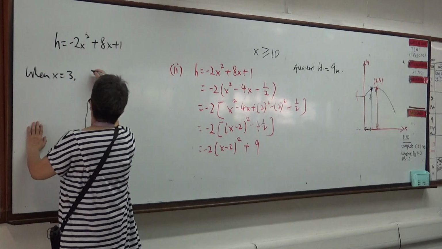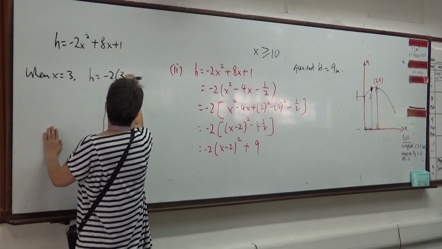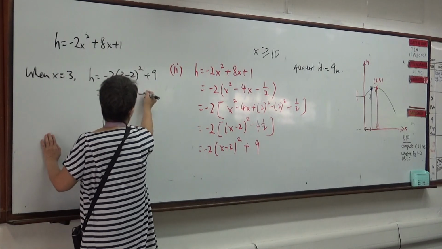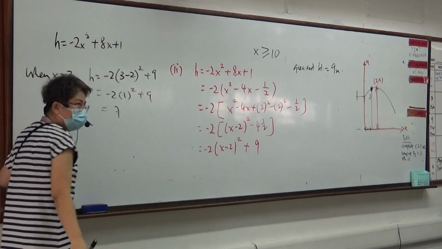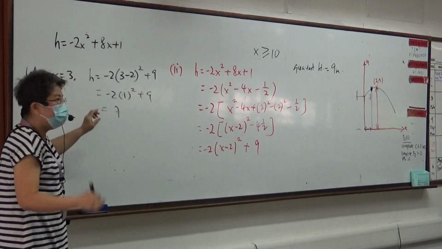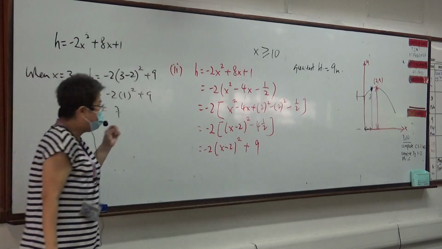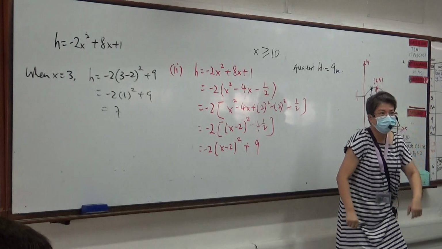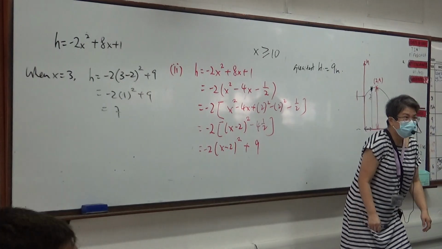I do here: h equals negative 2 times (3 minus 2) squared plus 9. So negative 2 times 1 squared plus 9, so this is 7. That means when x is 3, h is 7, it's on the curve. So when I project this thing out, it will hit the point. Understand?